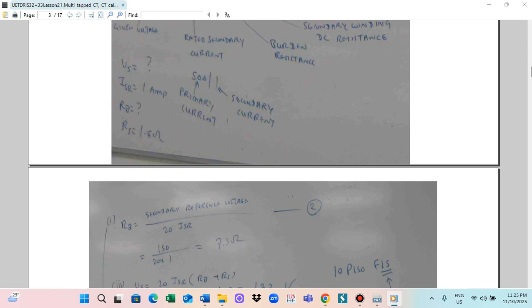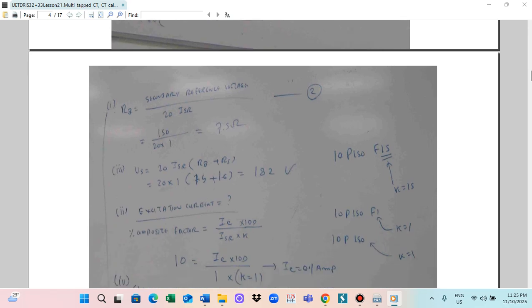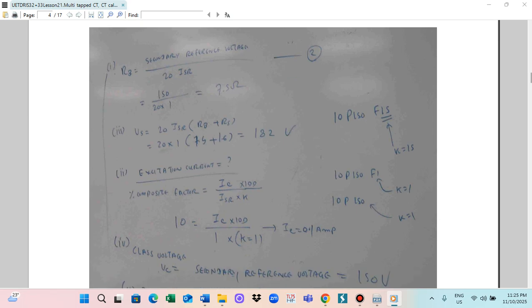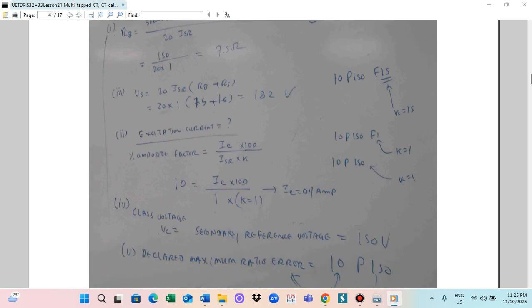For the class voltage, we use test voltage minus ISR into RS. The next one is the class voltage VC. All is given here. In 100 P 150, the 150 we also call the class voltage.